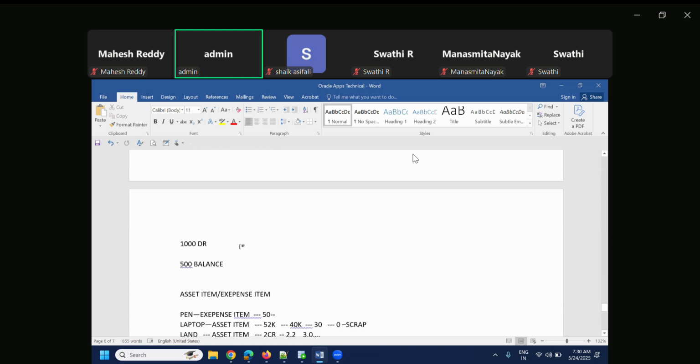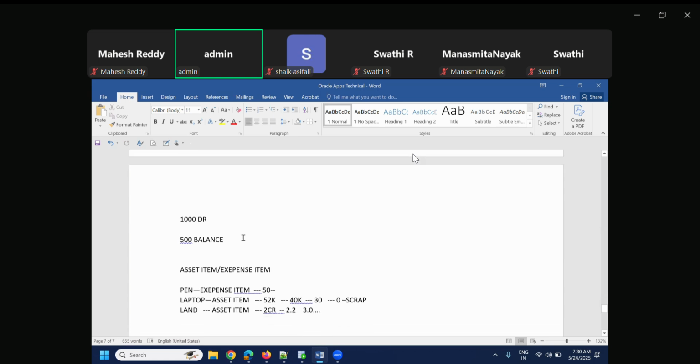That's a 1,000 balance. But I received a message from the bank saying that it has only 500 rupees balance. What about the remaining 500? What will you do if you get this type of message?